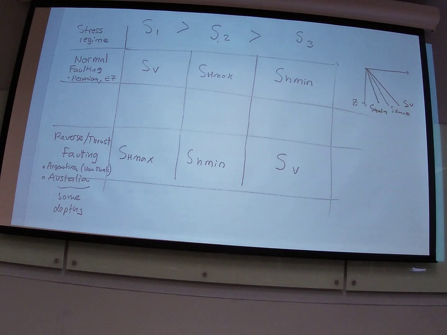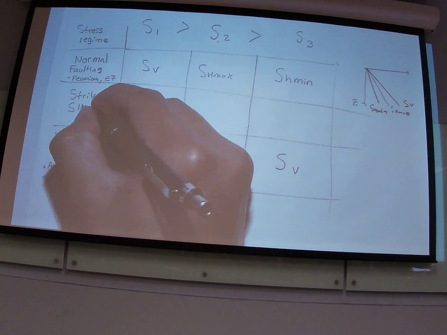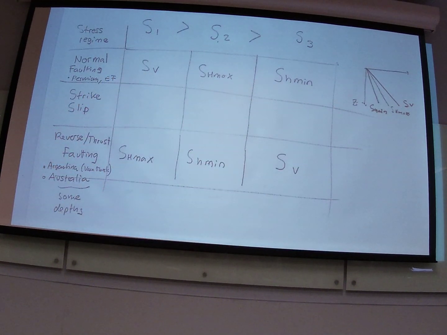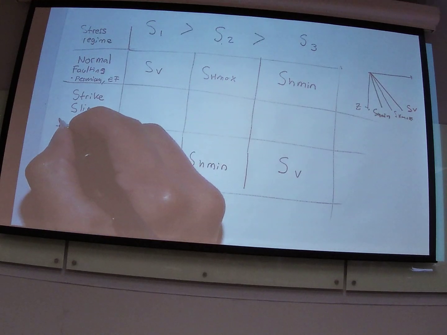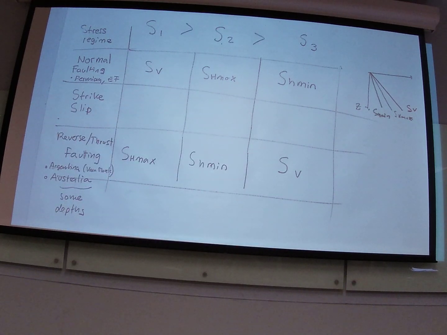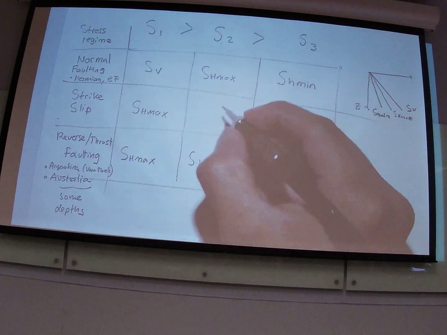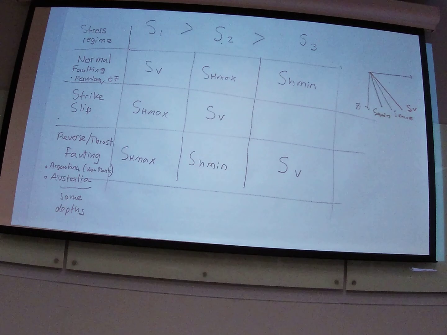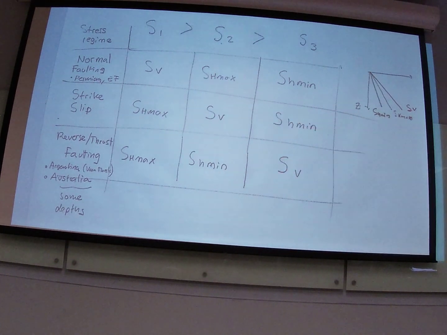And there is going to be one intermediate case, which is going to be called strike slip. Probably this might not make a lot of sense to you right now, but we're going to see where that name comes from. In this case, your maximum principal stress is going to be horizontal, your intermediate principal stress is going to be vertical, and your minimum principal stress is going to be, again, horizontal.